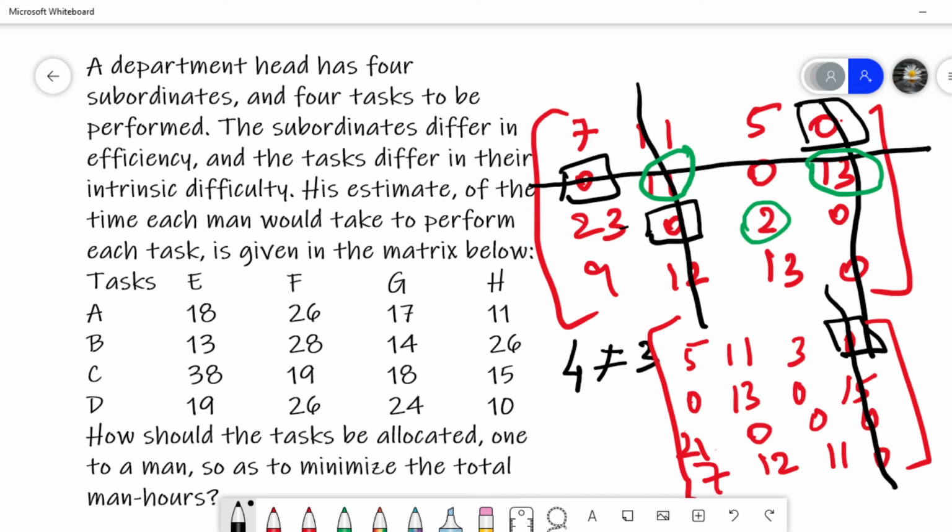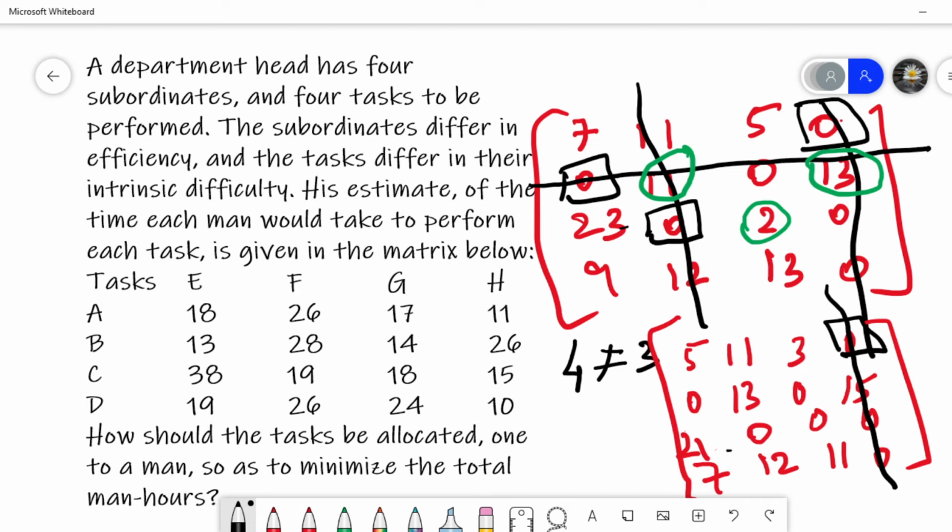Okay, in the second row we are having 2 zeros, skip that row. In the third row we are having 2 zeros, skip that row. Then in the fourth row, we don't have any zeros because 1 zero is already deleted.